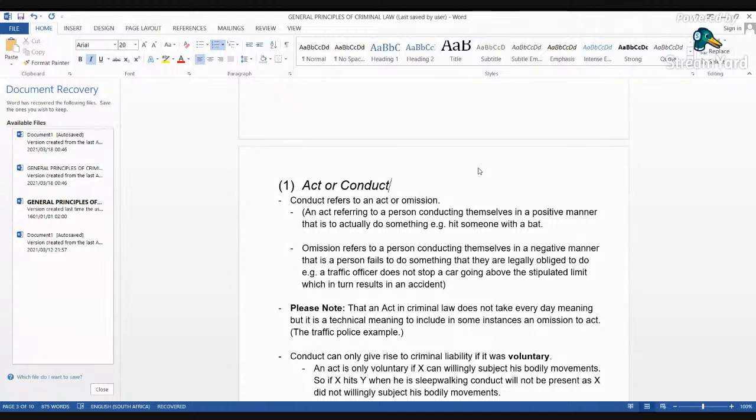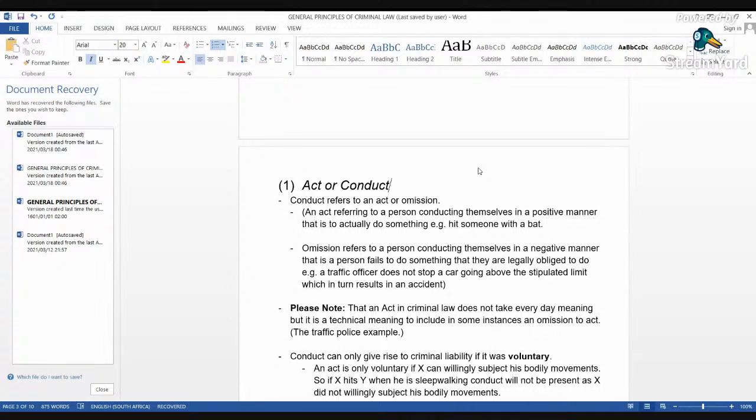So just to clear that up in case you lost me somewhere, in criminal law, someone would be regarded as having acted even if they have omitted to act. So you could have acted, literally hit someone with a bat, or you could have omitted to act, failed to stop the speeding car, and that omission would still be regarded as an act.